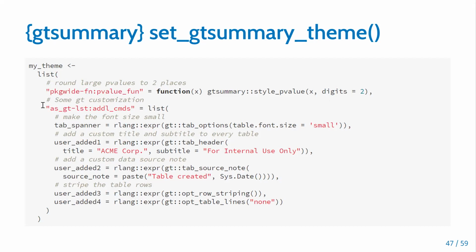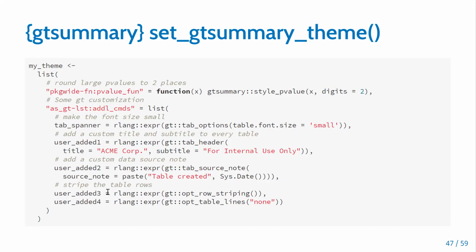You can use these gt customizations to reduce your font size, to add a default title and subtitle to every table. We're also adding a source note that says the date that the table was created.